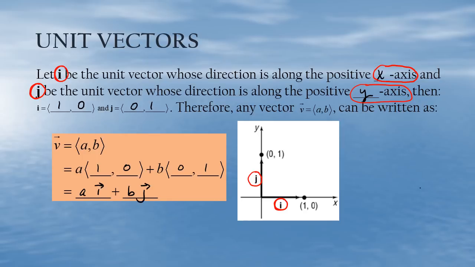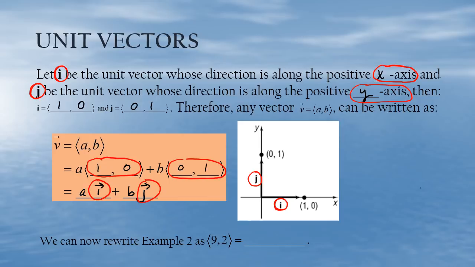In other words, I've simply done a substitution. I've substituted the value for the unit vector i and the unit vector j. So this is another way of writing vectors.